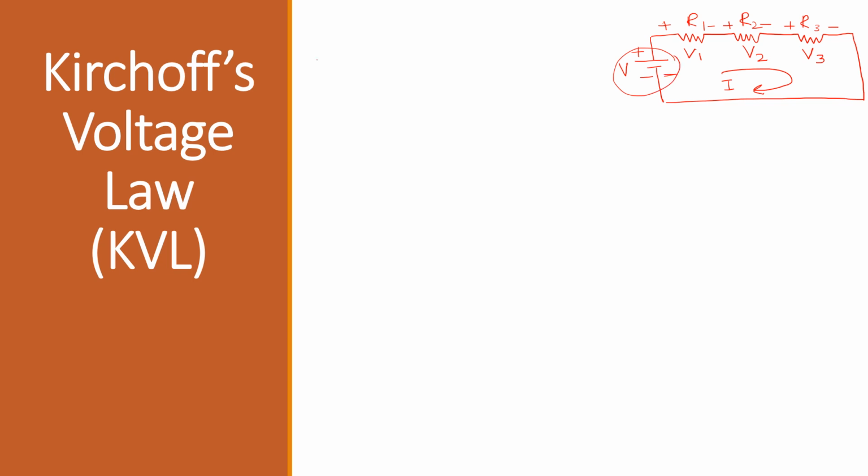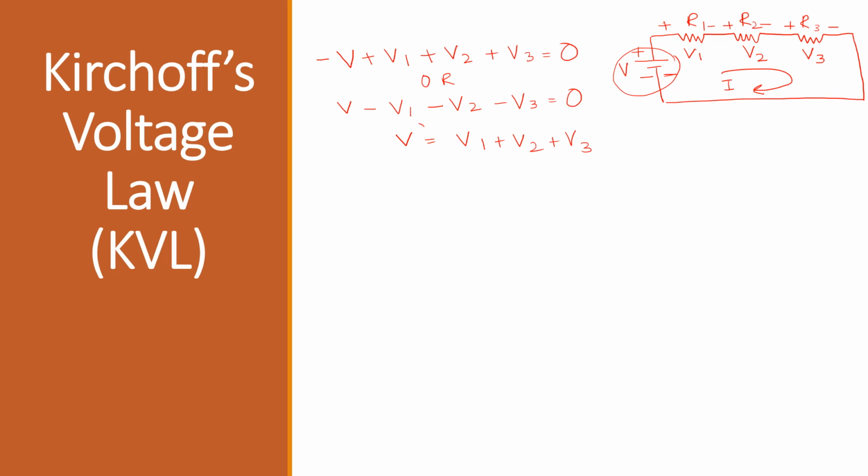So we'll write minus V plus V1 plus V2 plus V3 equals to 0, or we can also write this equation like V minus V1 minus V2 minus V3 equals to 0, and this equation can be rewritten as V equals to V1 plus V2 plus V3.